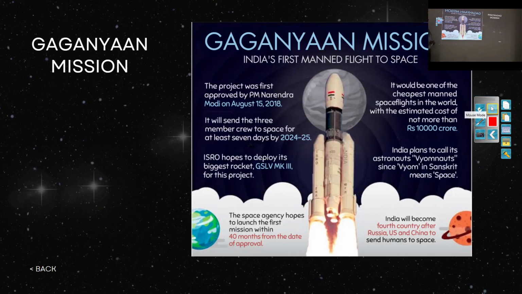Next we have the Gaganyaan mission. The Gaganyaan mission is the mission to send humans to space, to the low Earth orbit. They will be in the orbit for 3 days and then come back. This will help us in building the Indian space station, which we need to place in a low Earth orbit.